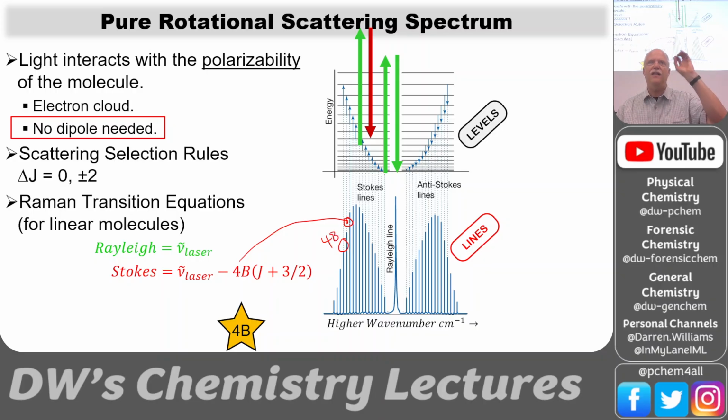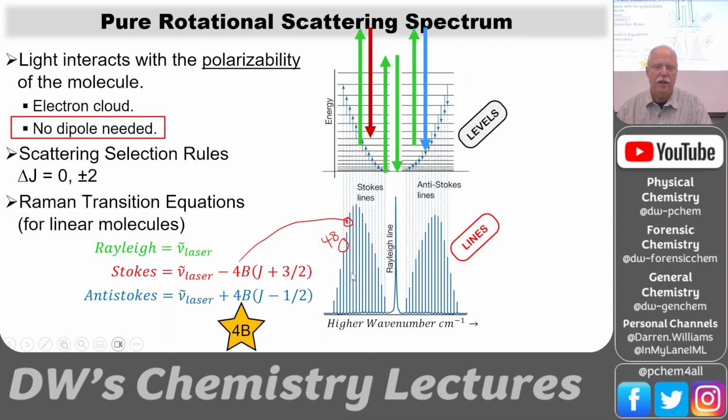And remember, B has the bond length and the mass in it, so that's that spacing. And then if we look at the anti-Stokes line, it's positive, it goes to higher wave number, and again it's 4B spacing.